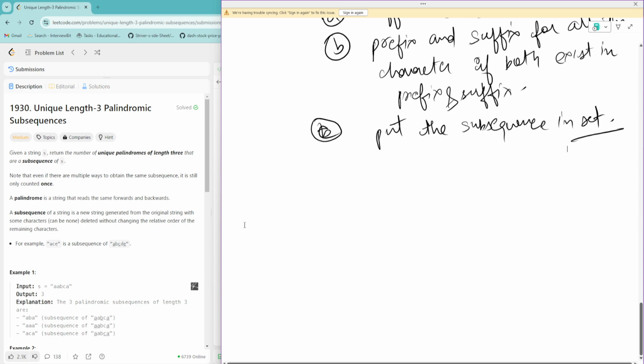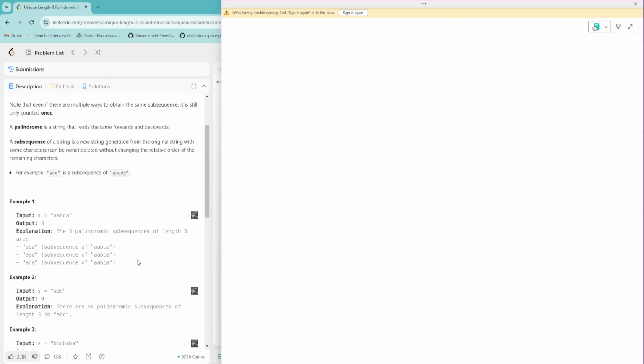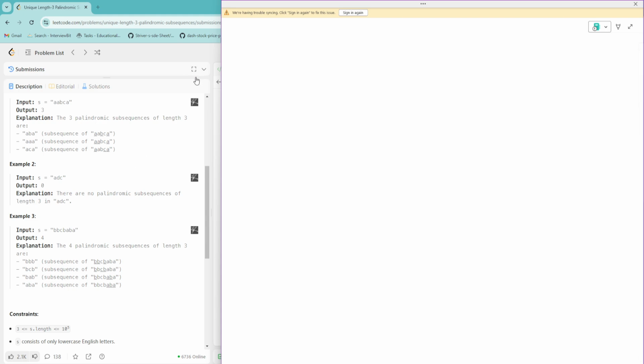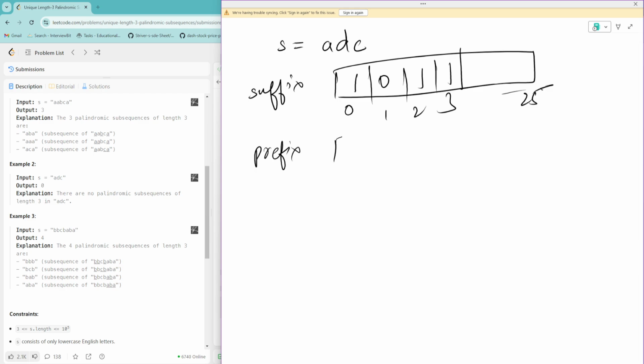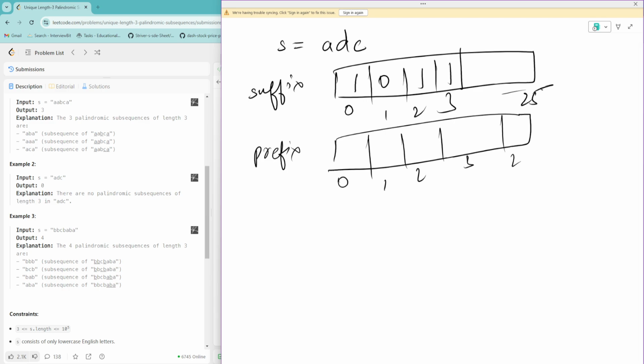Now, if this is our algorithm, let's try to apply it to these two test cases also. So the string is A, D, C. The suffix would be 0, 1, 2, 3 up to 25, and the counts are 1, 1, 1, with all others 0 initially. In the prefix, all would be 0 from 0 to 25.